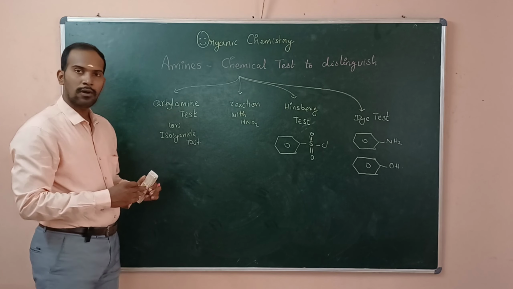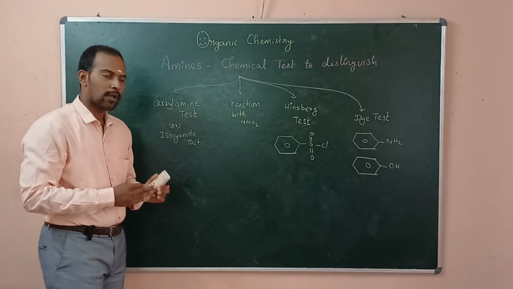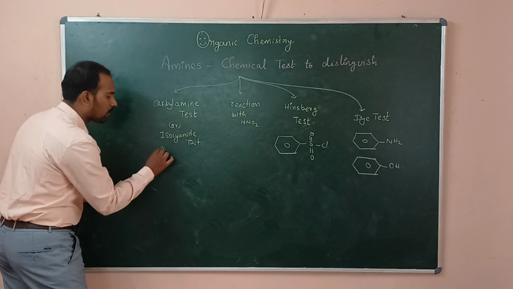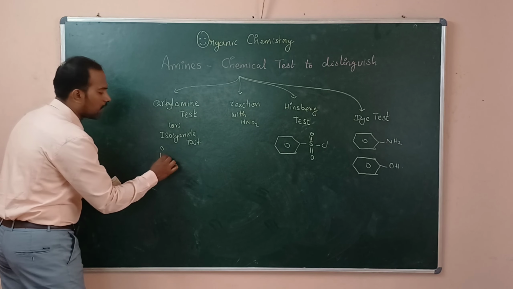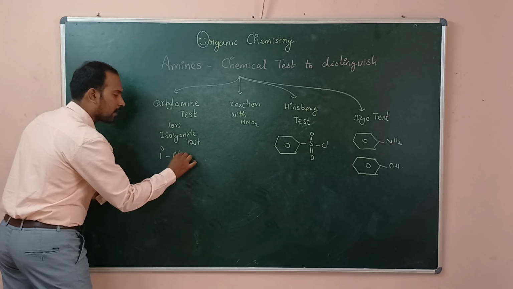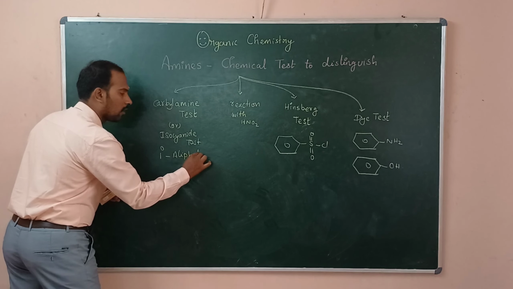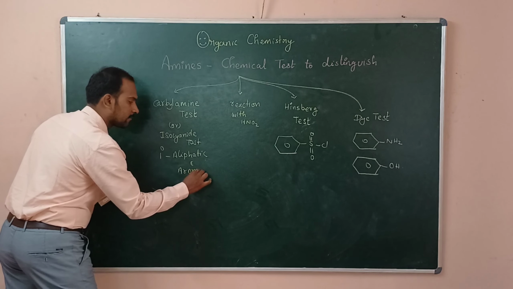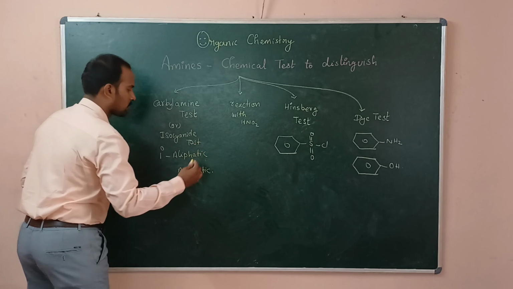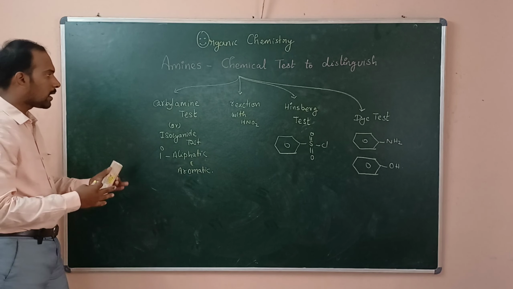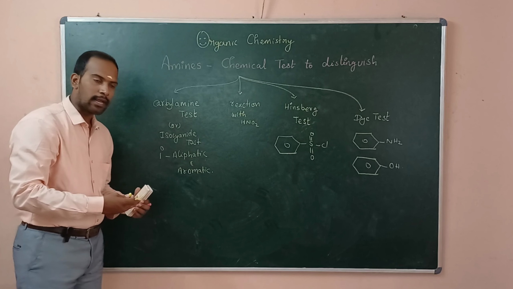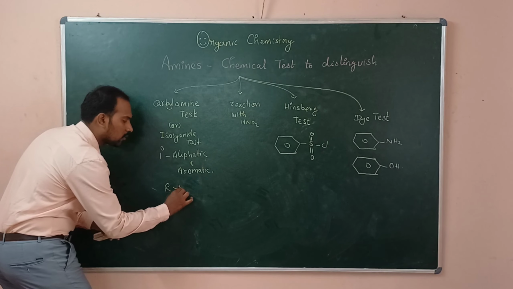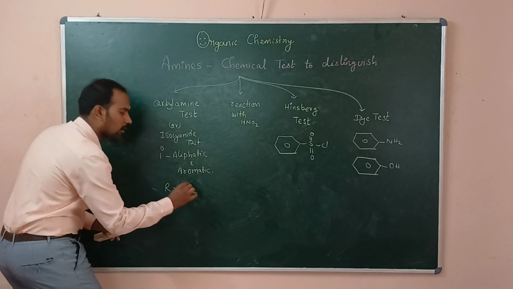The first test is called the carbylamine test. This test is only for primary amines, both aliphatic and aromatic. What is made in the carbylamine test? We have RNH2, which is called a primary amine.